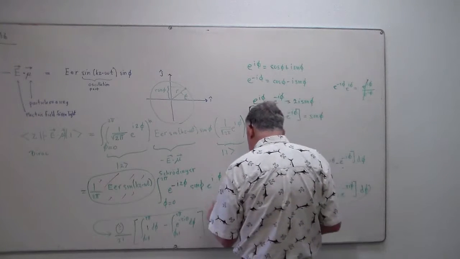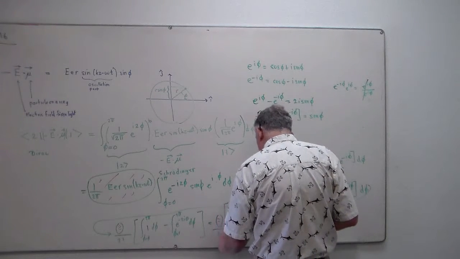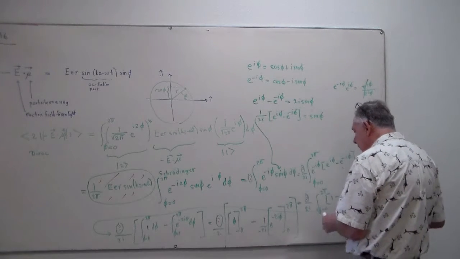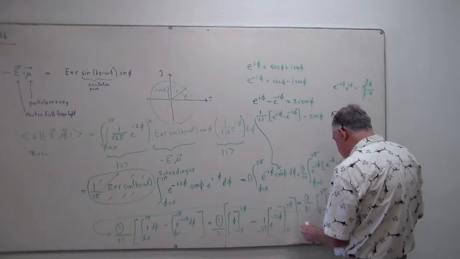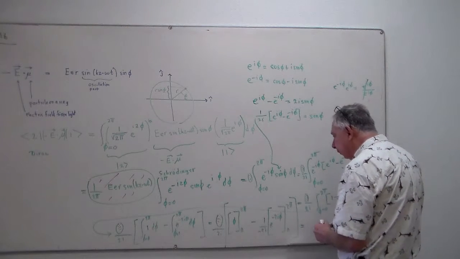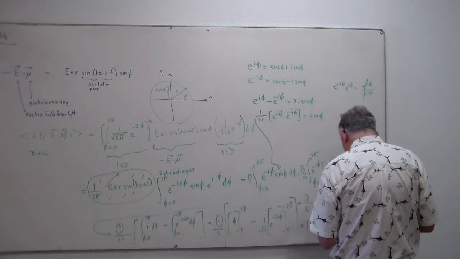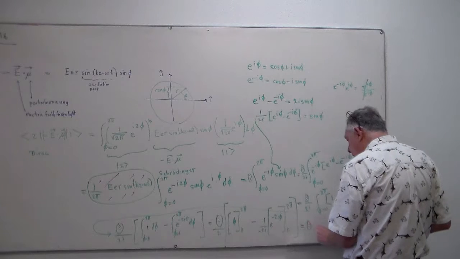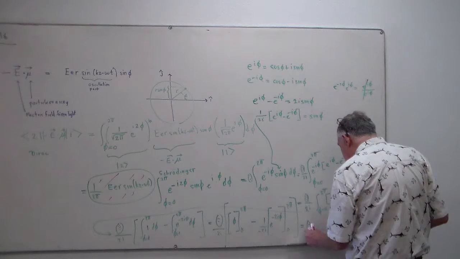So, what do we get? And this whole thing is in brackets. So I'm, again, running out of board space, but let's press on here. So we've got this over 2i.